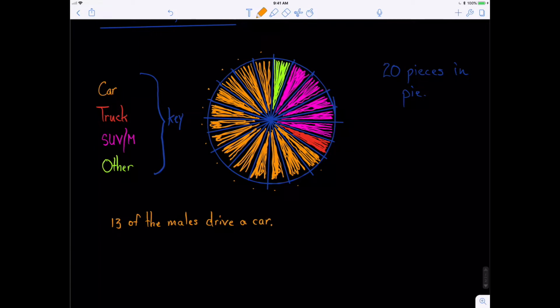And we represent this by writing 13 over 20. 20 is the total pieces in the pie.